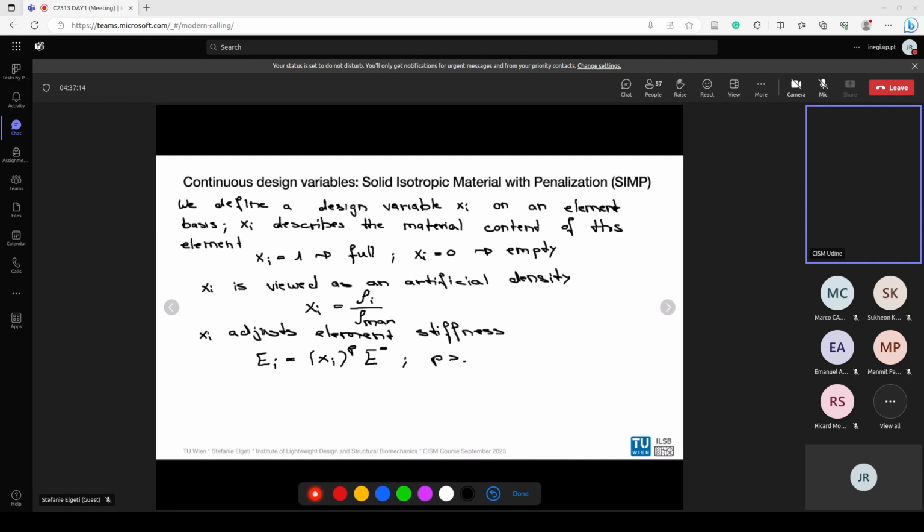But of course, again, there's the difficulty, how do I choose the p? If p is too small, then I still have too many of the intermediate values. If p is too large, then I'm starting to restrict the optimization space a lot, and I might not find the optimum that I would want. So there's also a judgment call here, basically.